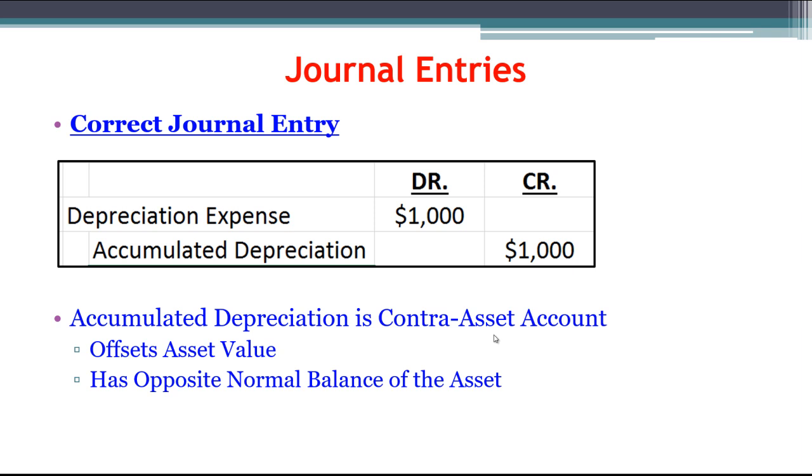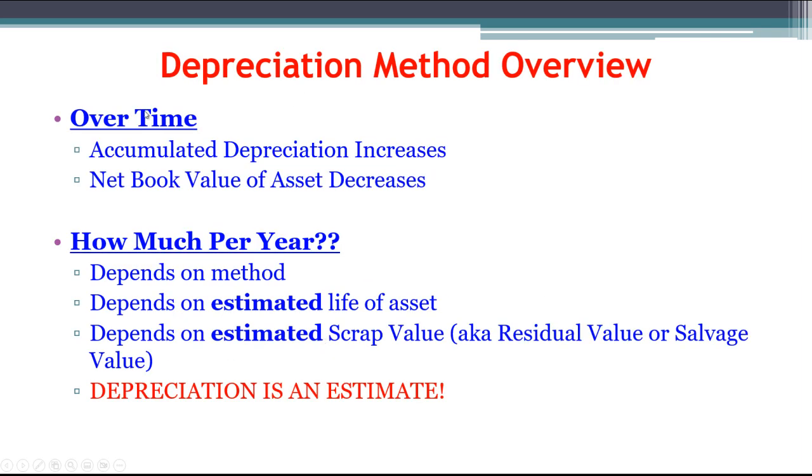Just to throw an extra piece in there, we'll also see what's known as an adjunct account, specifically with the liabilities. That's the opposite of a contra. That adds to the value of that particular account. That's not nearly as common as a contra account. We'll see that with bonds payable in the next module. So the point is, over time, our accumulated depreciation is going to increase and the net book value of that asset decreases, but on the balance sheet, that historical cost of that asset generally stays the same.